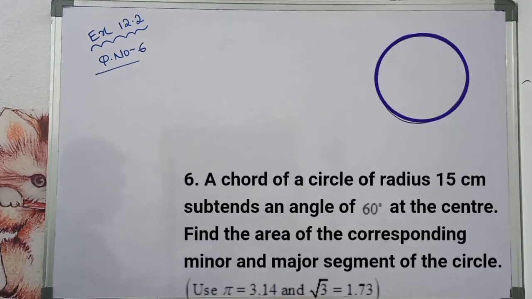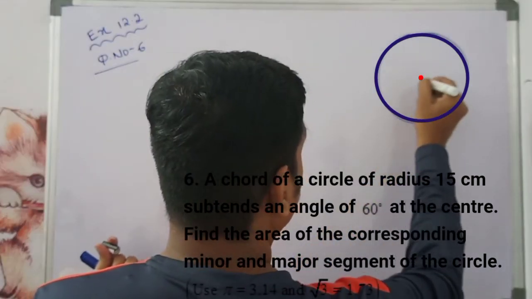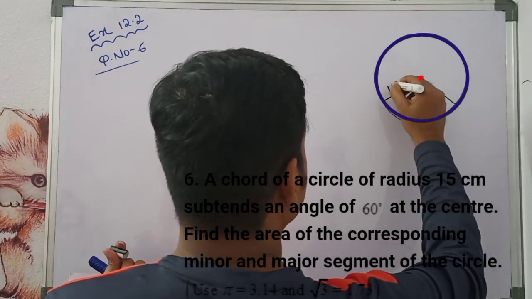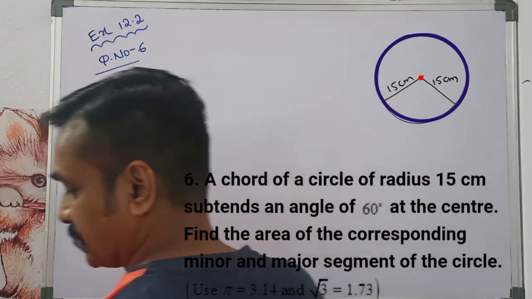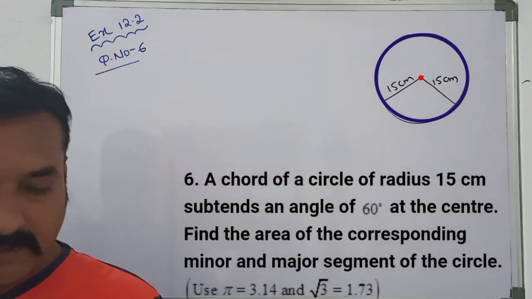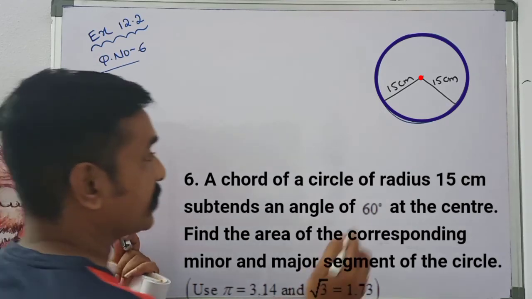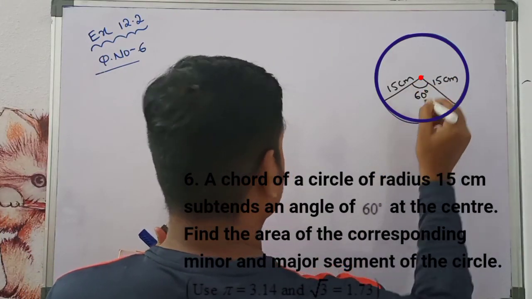A chord of a circle of radius 15 centimeters. The radius is given as 15 centimeters. This is 15 centimeters and this is also 15 centimeters, the radius of the circle, and the angle of the sector is given as 60 degrees.